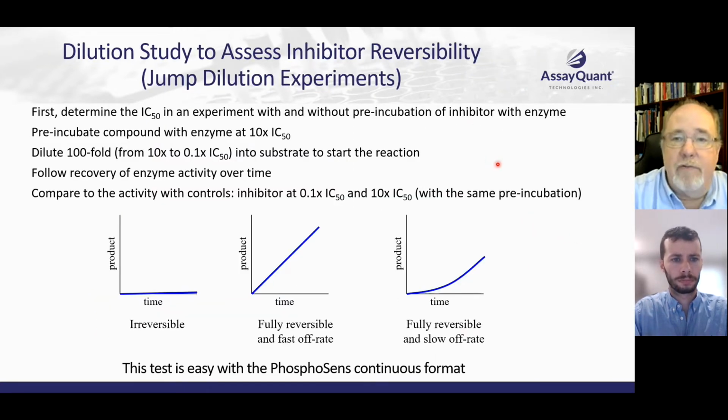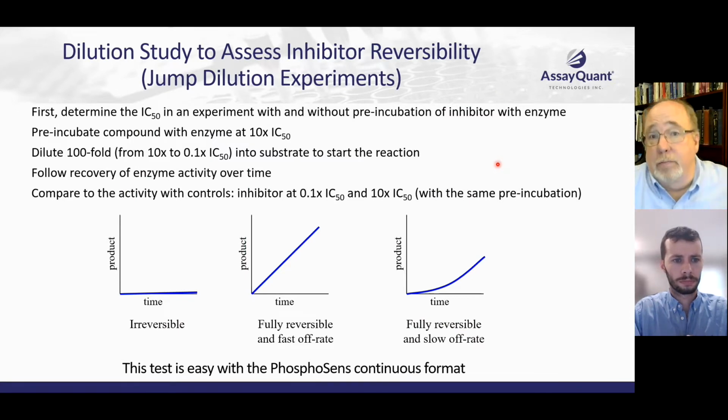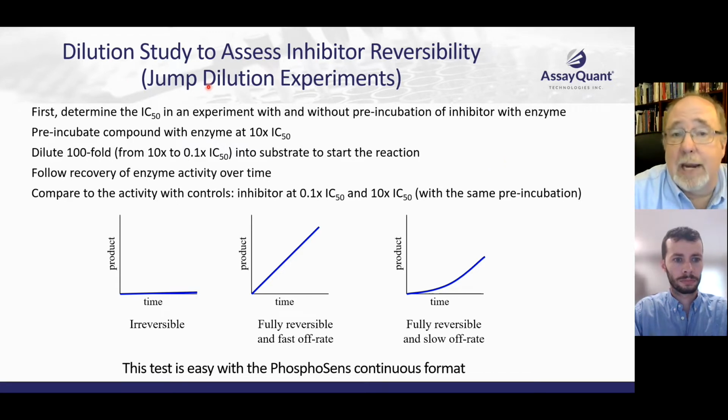But really, to verify that, you have to do a reversibility experiment. And there are 2 steps to your reversibility experiment. As I said before, the first step is you get an IC50 with and without that pre-incubation step of the inhibitor with the enzyme. And you use that IC50 with the pre-incubation in all of the jump dilution reactions that you do.